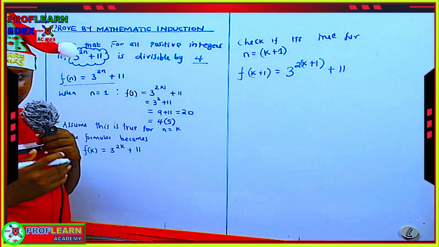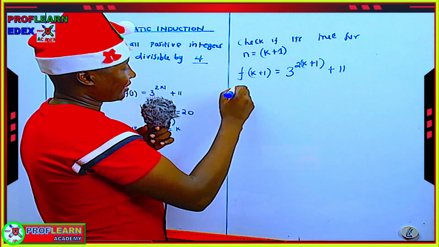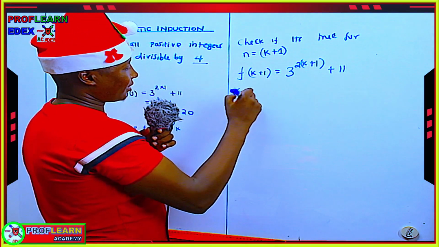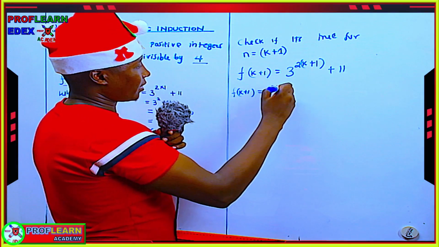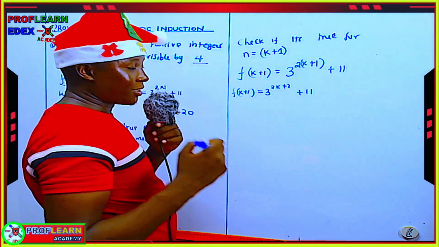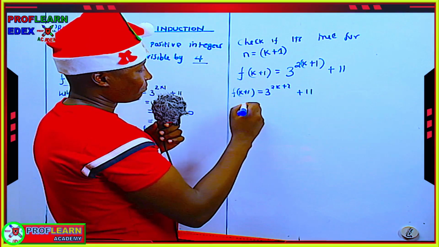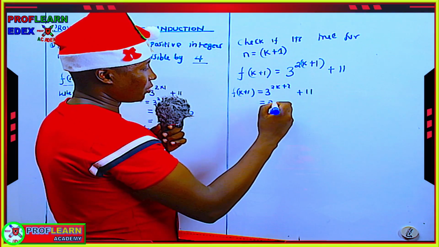Now let's move together here. Of course, f of k plus 1 can be written as 3 raised to the power 2k plus 2, then plus 11.